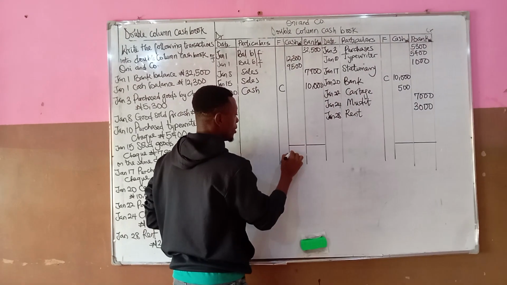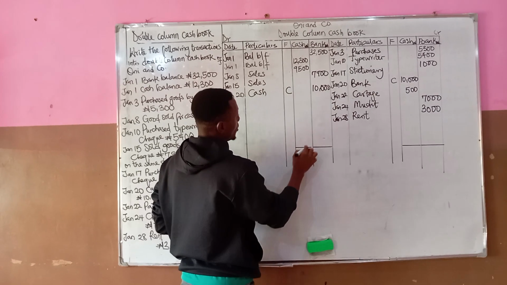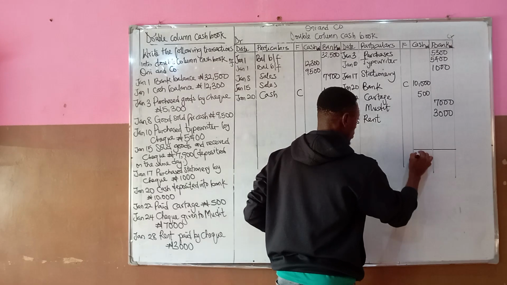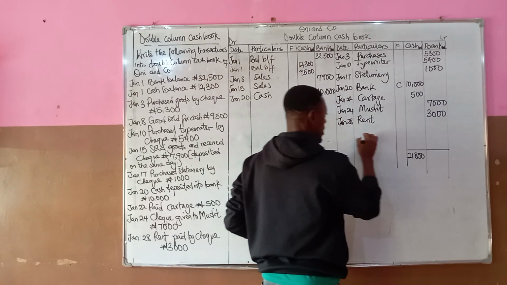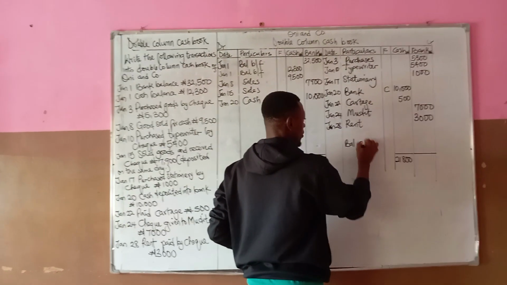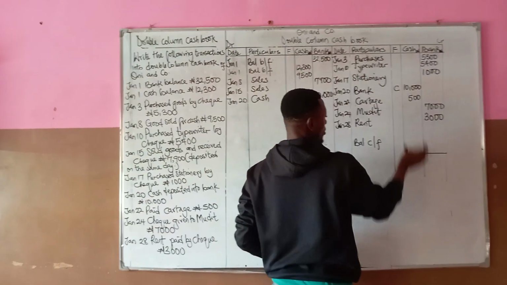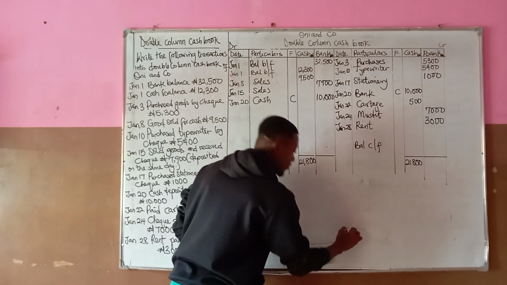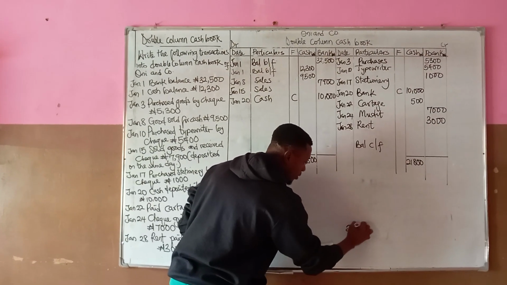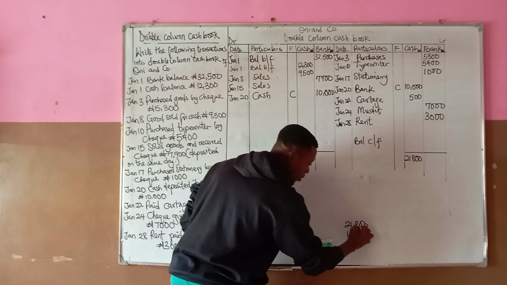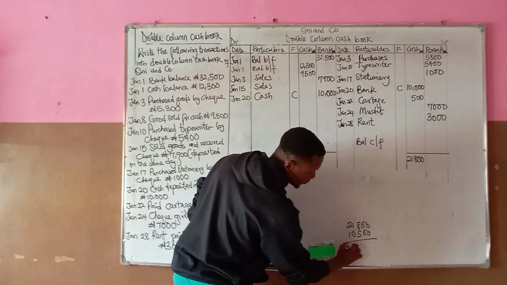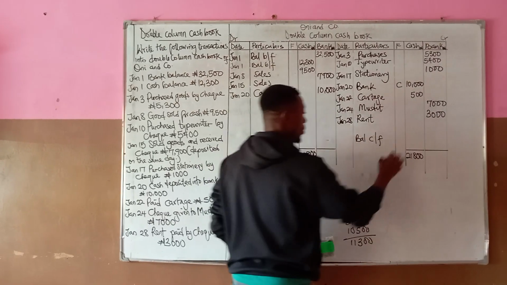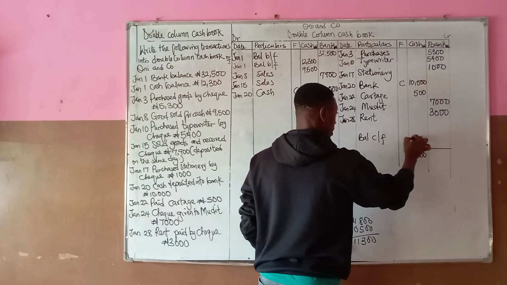So this gave me 21,800. Now I'm going to balance with 21,800, meaning my balance carried forward. I'll minus this 10,500 from here. 21,800 minus 10,500 will give me 11,300.